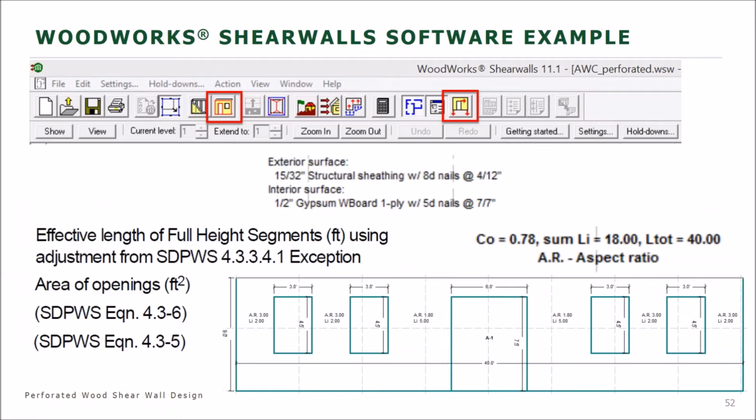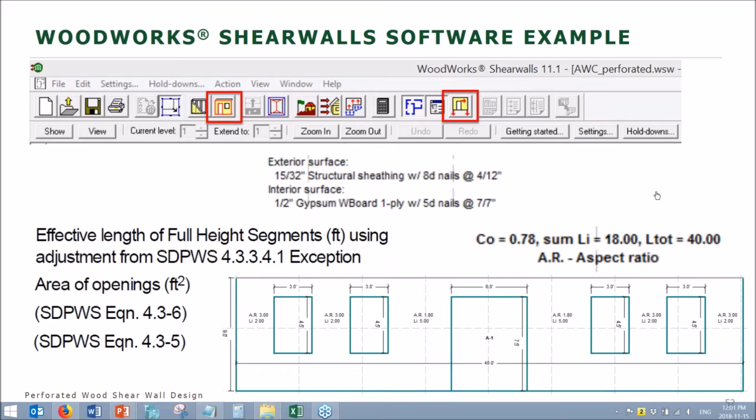As well, we can see that in the elevation view, the software is going to output what the exterior wall surface is and the interior wall surface that we've designed. So the exterior, the wood structural sheathing, and the interior, the gypsum board. And it's going to calculate that perforated shear wall factor, the Co factor, for us automatically.